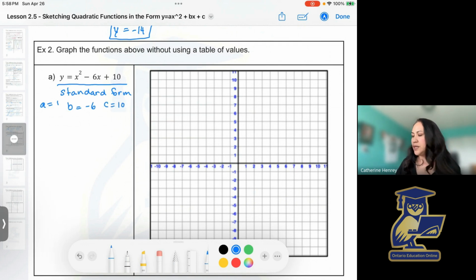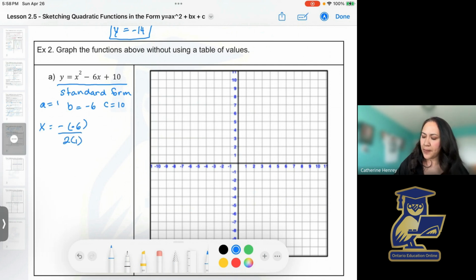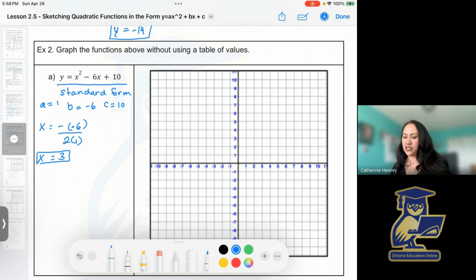So in standard form, let's start with finding our axis of symmetry. x equals -6 divided by 2 times 1. So x here is -6 is positive, +6 divided by 2. The axis of symmetry is x equals 3.